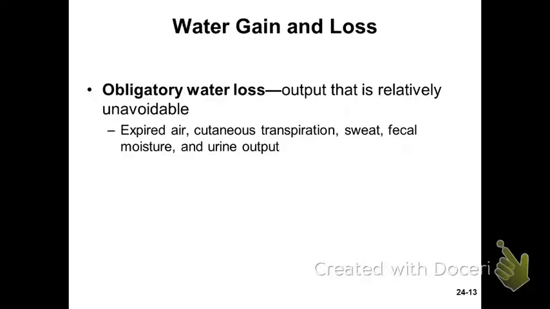Now there is also what's referred to as the obligatory water loss. There is an unavoidable loss of water. No matter how dehydrated you are, you're still going to have moisture in your air. You're still going to have some of this transpiration, evaporation process occurring, and there would still be some feces and some urine output. It can be quite low if you're highly dehydrated, but there will always be an obligatory water loss. And you know why.